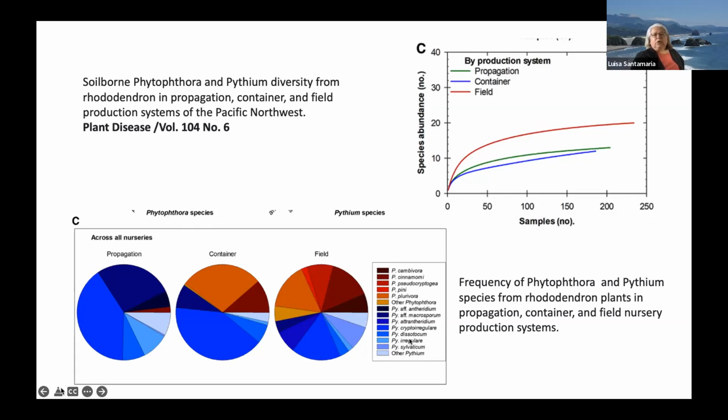In the container area, they found about 50-50, a Phytophthora species and a Pythium species. And in the field, they have a mix, and I think it's different Phytophthora species and fewer species of Pythium. So this is the frequency of the species found in every production area of a nursery.